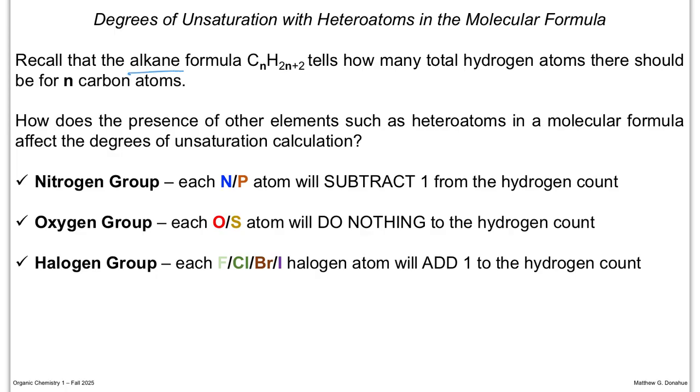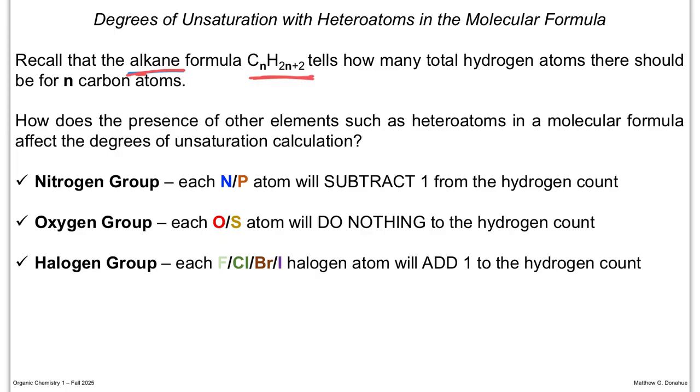So remember, we're always going to use that alkane formula, CnH2n plus 2, to figure out the maximum number of hydrogens for any n number of carbons. So as we move along the periodic table, N to O to halogen, they'll do different things to the existing hydrogen count.